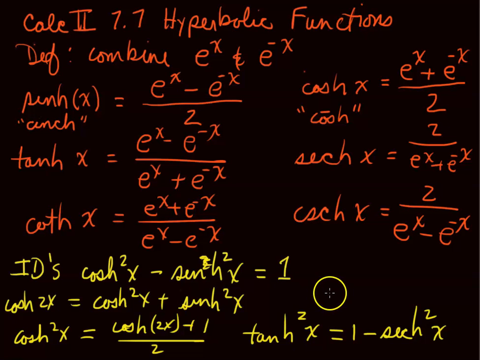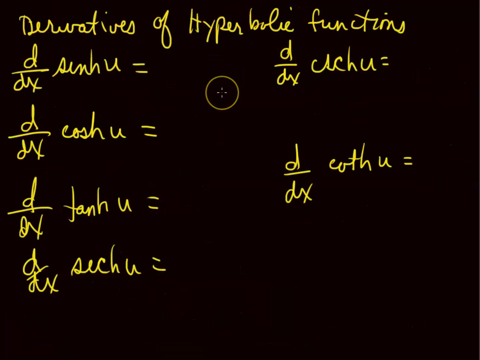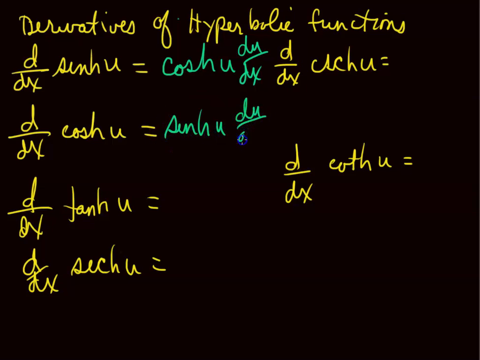Okay. But you might be saying, what are the derivatives? So here they are, the derivatives of hyperbolic functions. The derivative of sinh u is nicely the same, cosh u du dx. The derivative of cosh u is even nice. It is sinh u du dx.